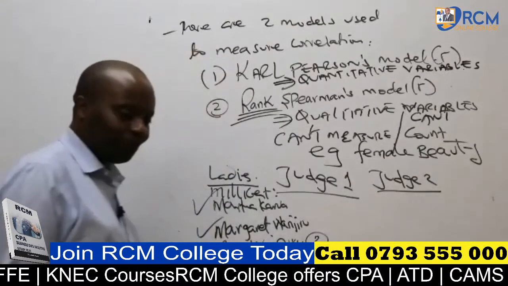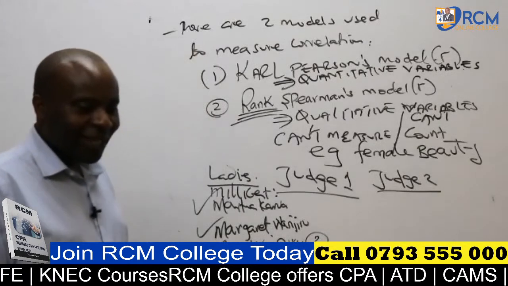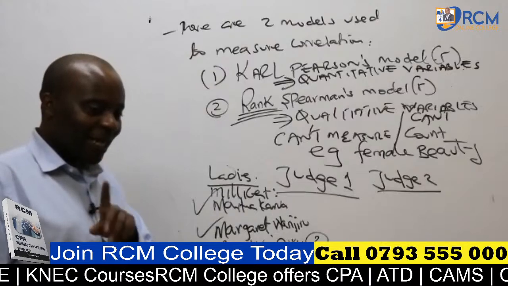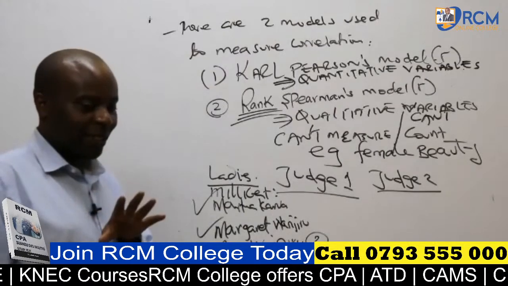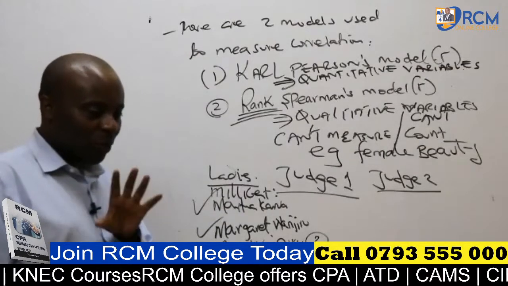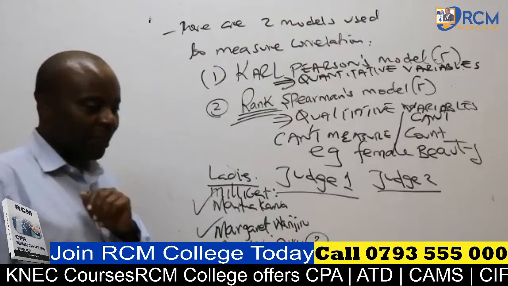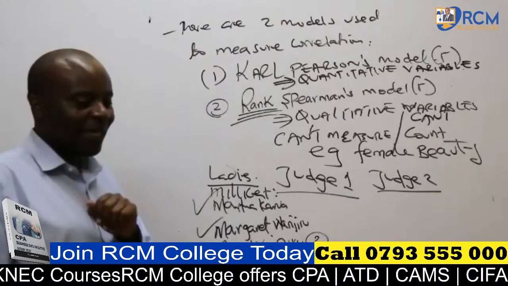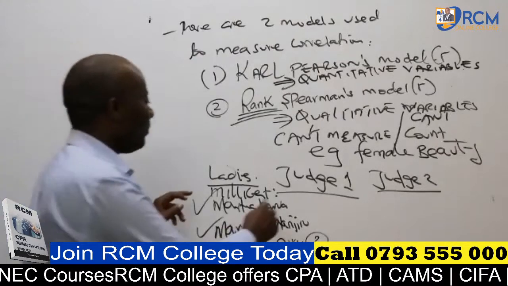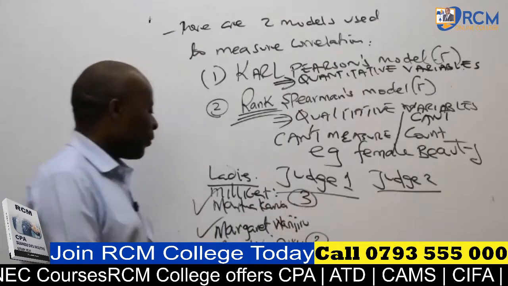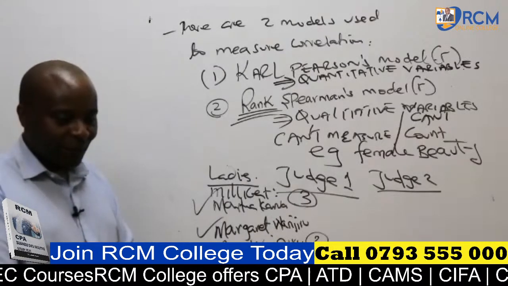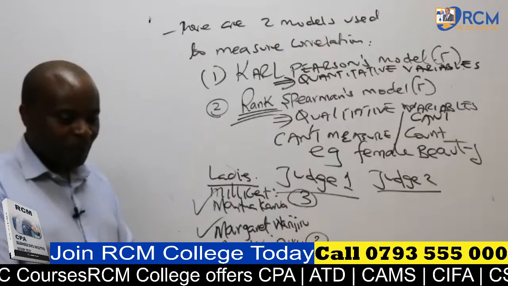Number 3. James, wewe sijakupatia kazi. James, sijakupea kazi. Sijakupatia kazi. Ni watu wawili nimepatia kazi. Gibson, bado niko kwako Gibson. Number 3 nani? Number 3 nani Gibson? Number 3 nani? Millicent. Number 3 Millicent, number 3. Number 4, number 4, number 4, number 4. Number 4, number 4, number 4.